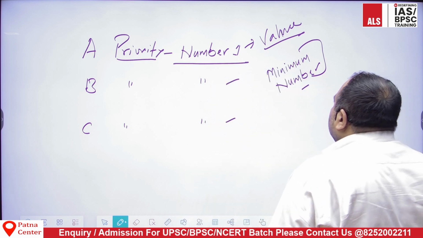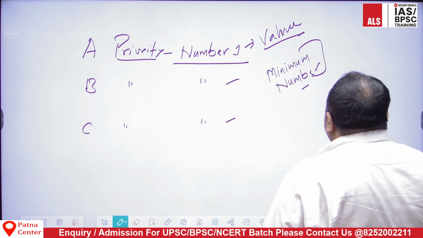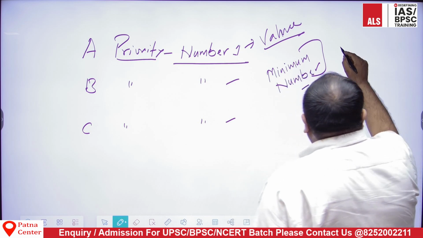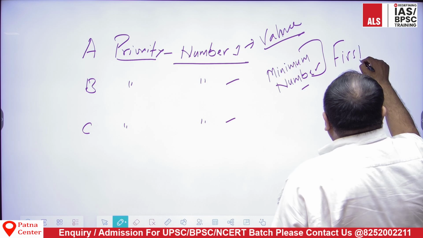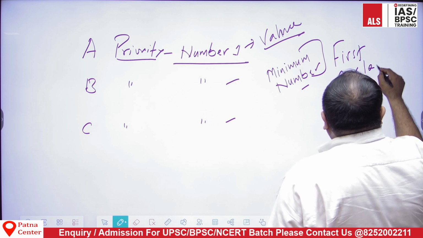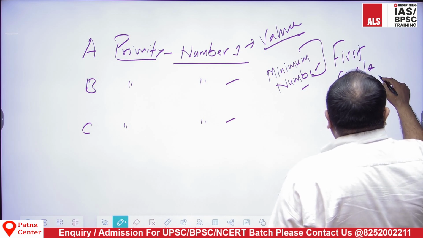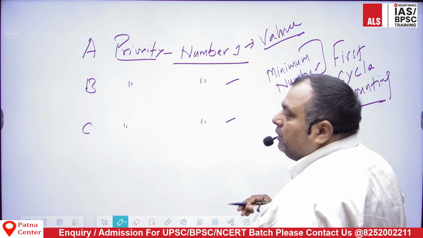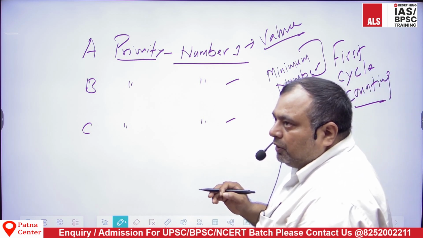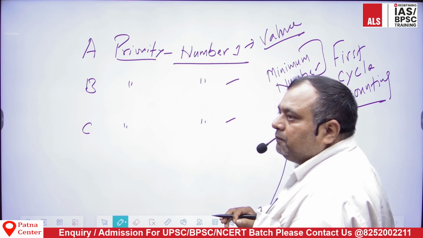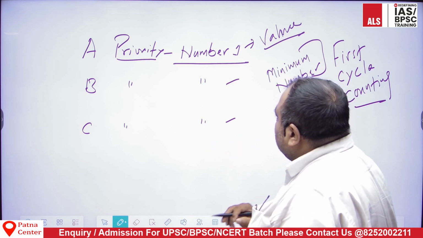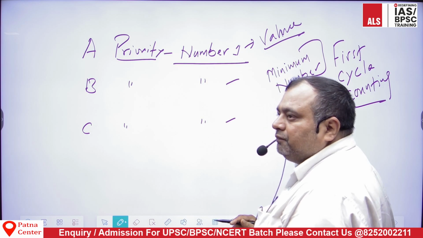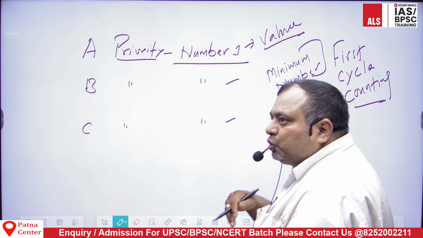But in case no one has achieved that minimum number in the first cycle of counting, then a second cycle of counting will be held. But before that, the candidate who has the least chance of winning the election is ousted from the race.